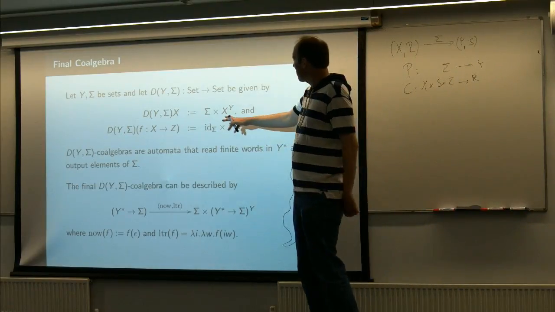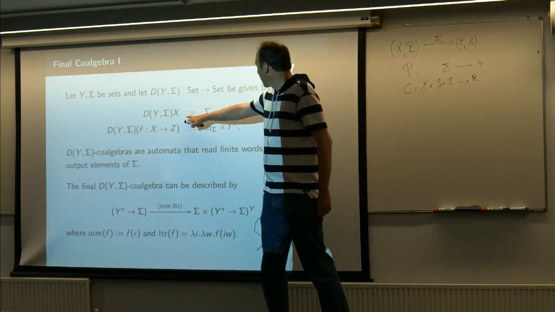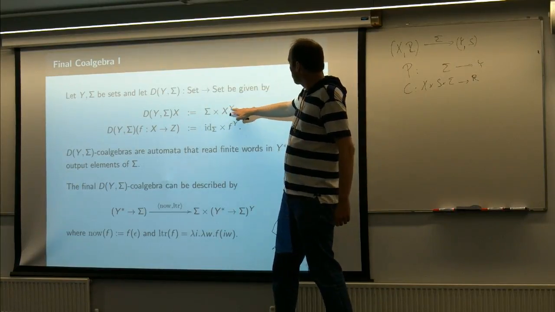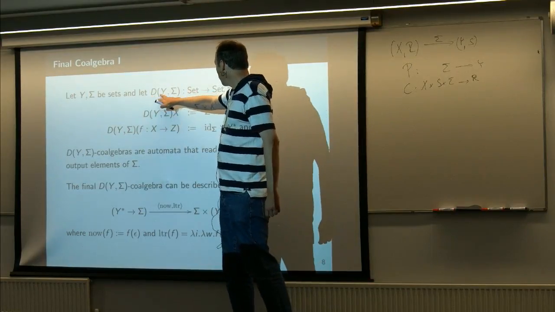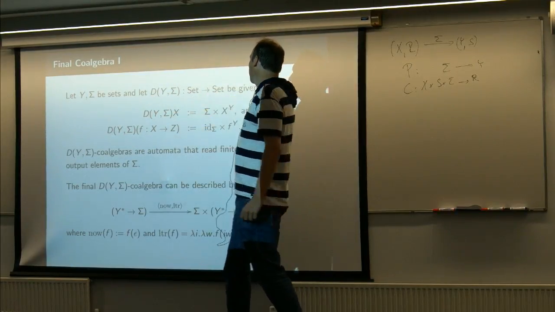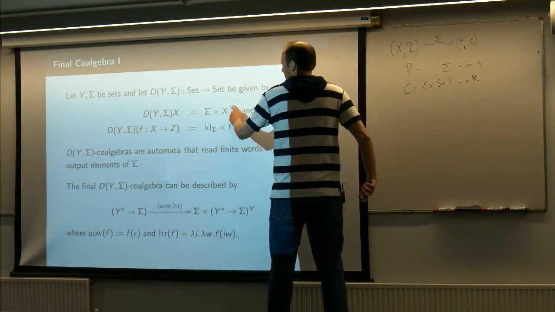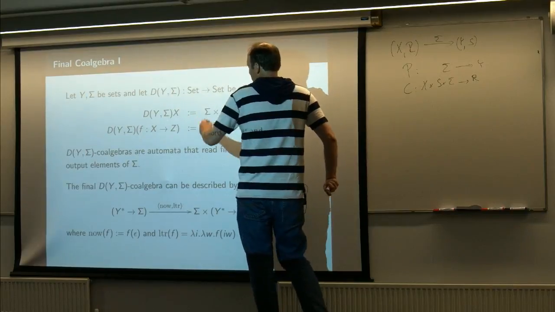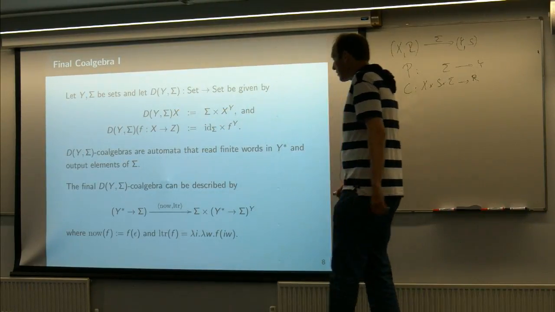You remember alpha sigma had this type, producing a strategy or moving to the next state. So I'm writing here that the functor d of y is sigma, which says, okay, y is the way I can go to the next state, and sigma corresponds to the sigma g on the previous slide.